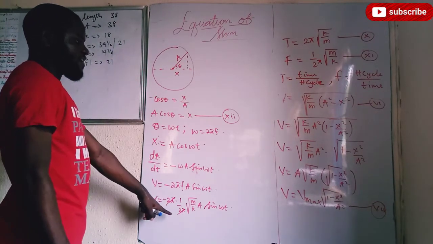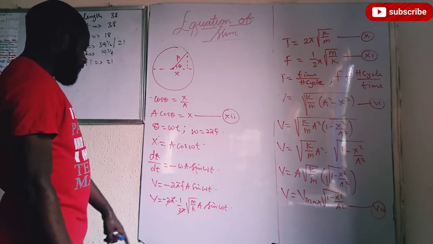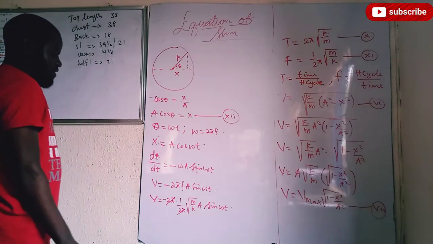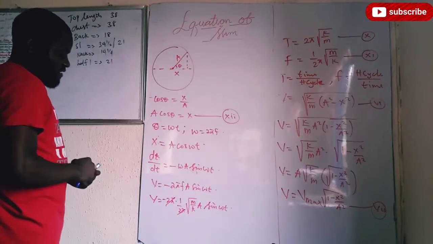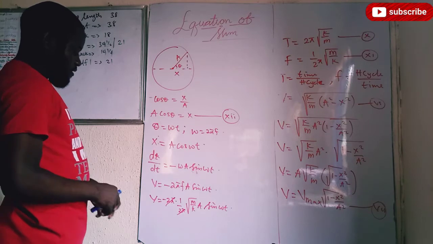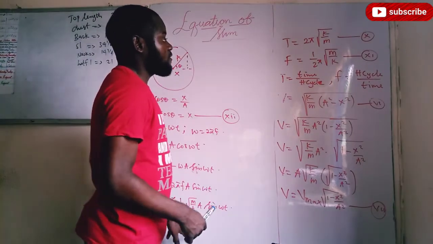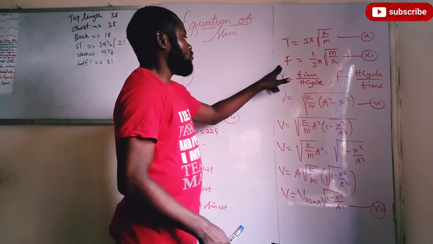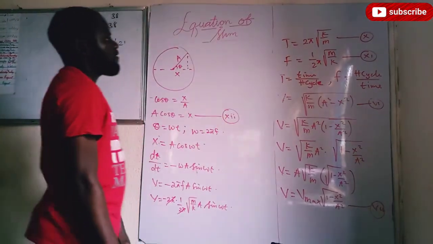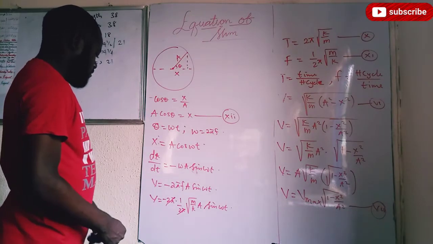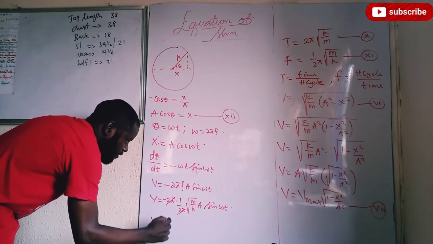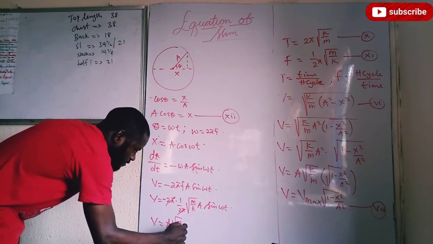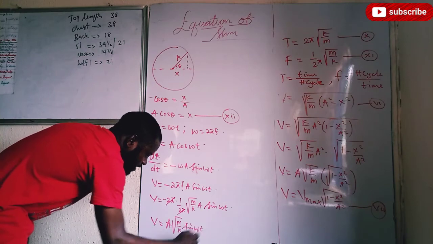I will have m over k multiplied by my amplitude. Will that give us velocity? So v is now equal to A root m over k sine omega t.